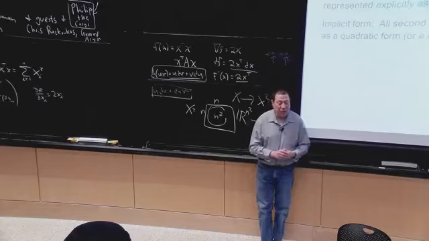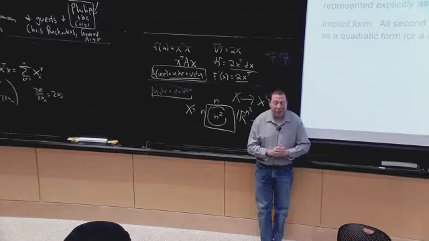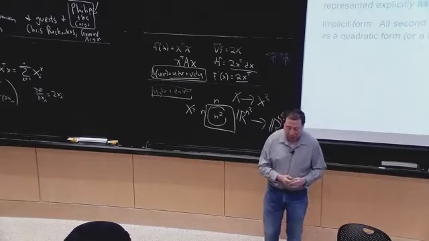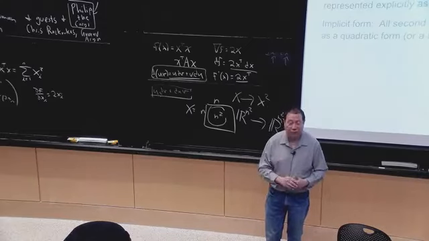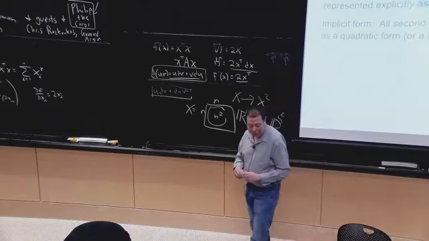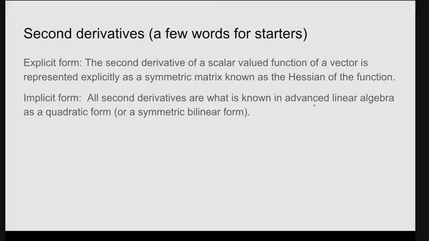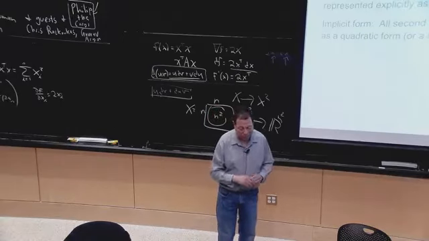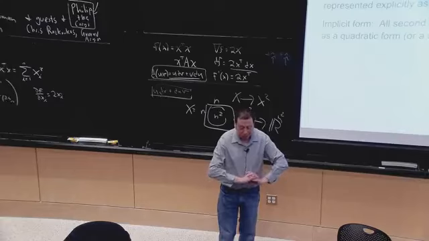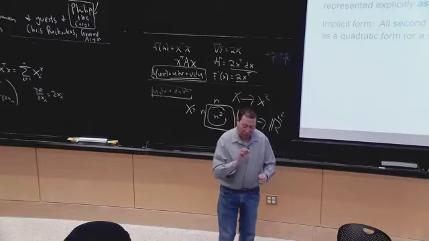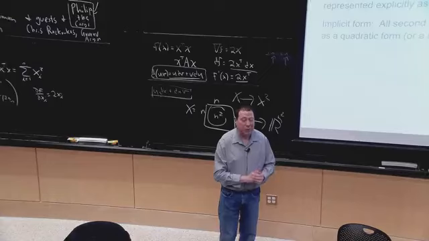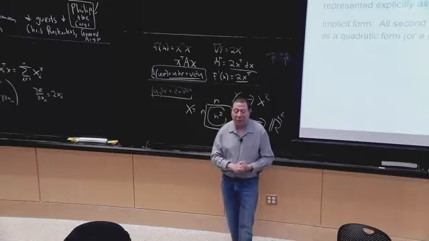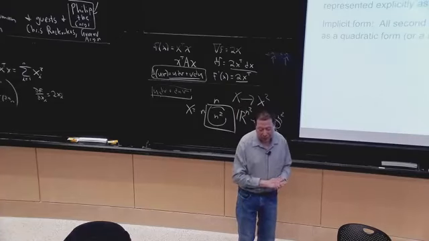The other case that comes up very often is if you have a function from vectors to scalars, okay? Examples like x transpose Ax would be, vector transpose matrix times vector as a function of the vector, okay? So if it's going from vector to scalar, remember that the gradient is a vector, it's one-dimensional, but the second derivative is often expressed as a matrix, and that's what we call the Hessian.